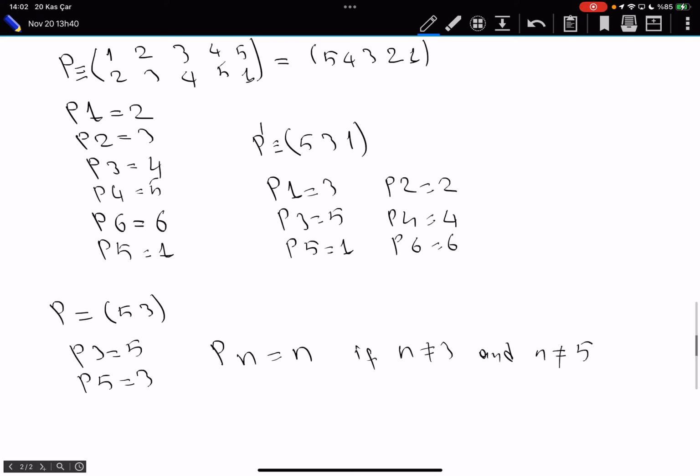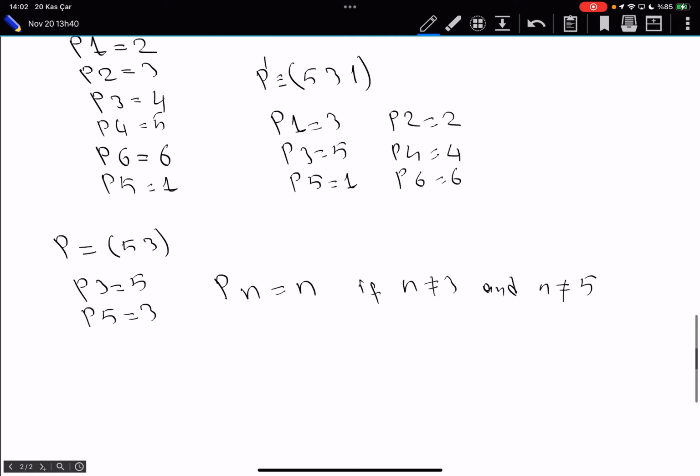Well, the nice thing is I can write any permutation in terms of these exchanges. So for example, 5, 3, 1. This will be, okay, if I give it 1, it should be 3. If I give it 3, it should give me 5, but the first exchange makes it a 1.